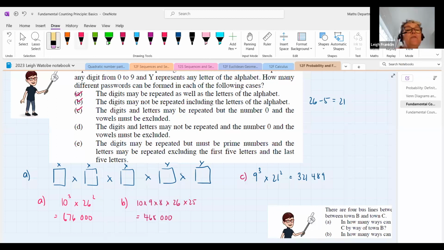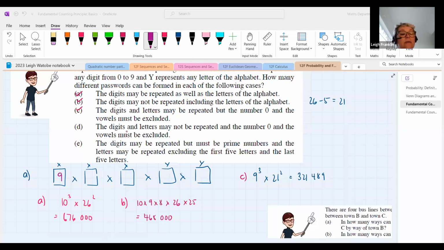Okay, so in the first box, what goes in the first box? How many ways? Good, Mamelo. We can fill the first box in 9 different ways. Okay, Nonjabulo's already got an answer there for us. Nonjabulo, we're a little bit behind you, but we're trying to catch up. How many ways can we fill the second box?